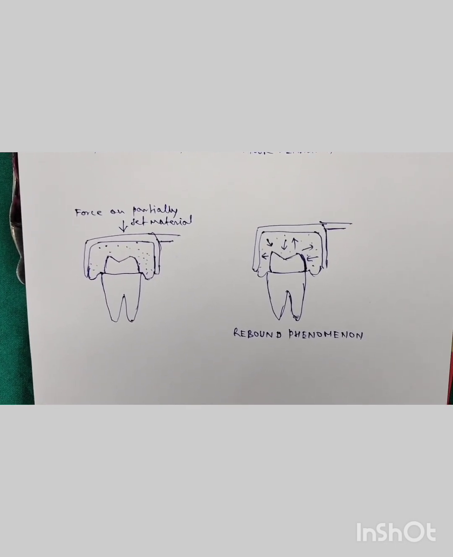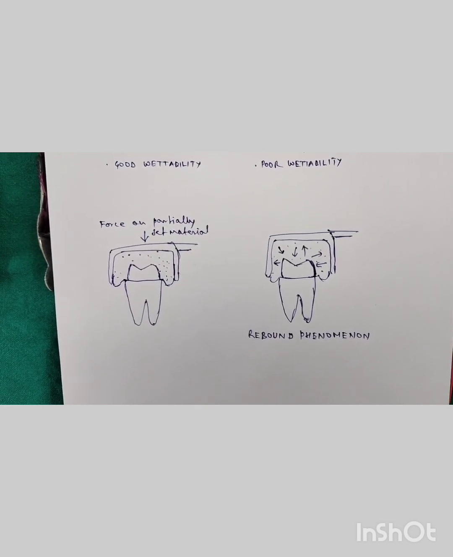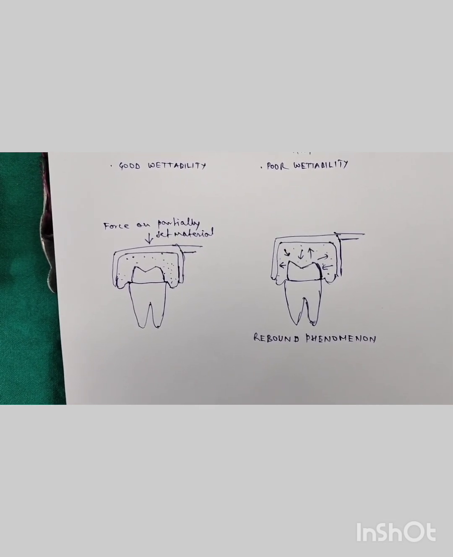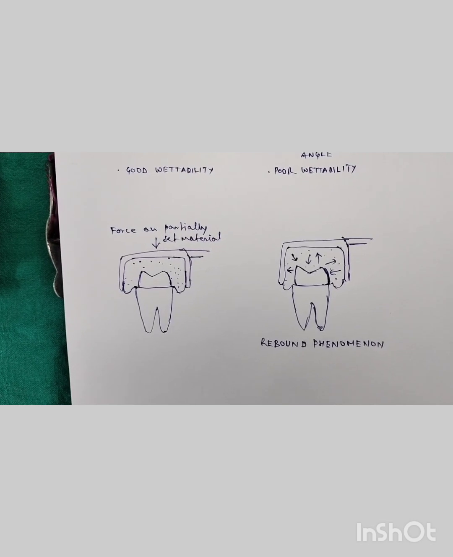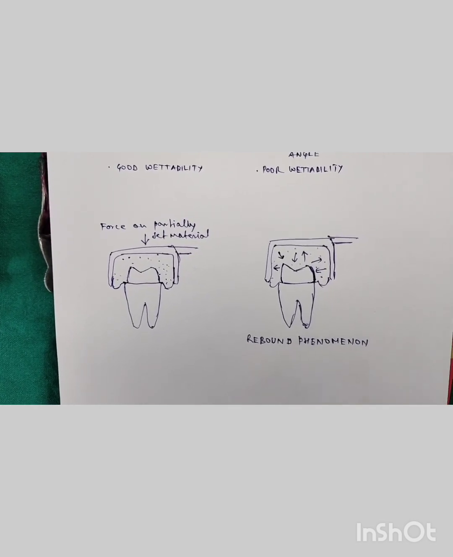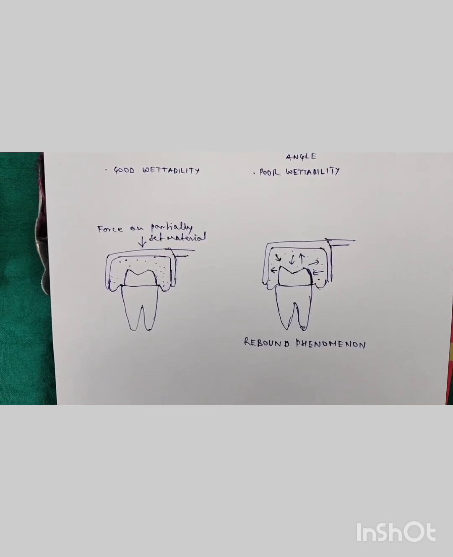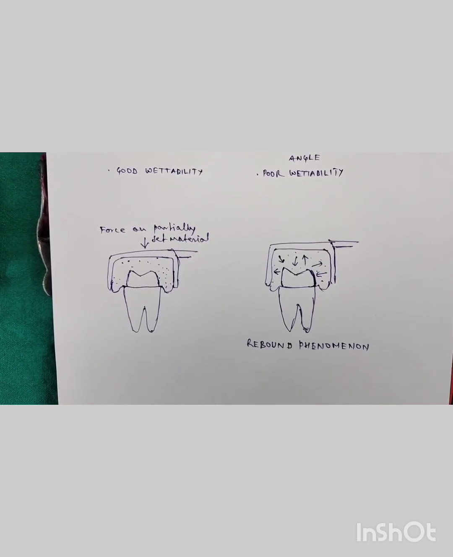Apart from this, they have good flow properties, so they flow easily over and wet the surface of the prepared teeth or tooth tissues and record the details accurately. So these are some properties which are very important to understand.